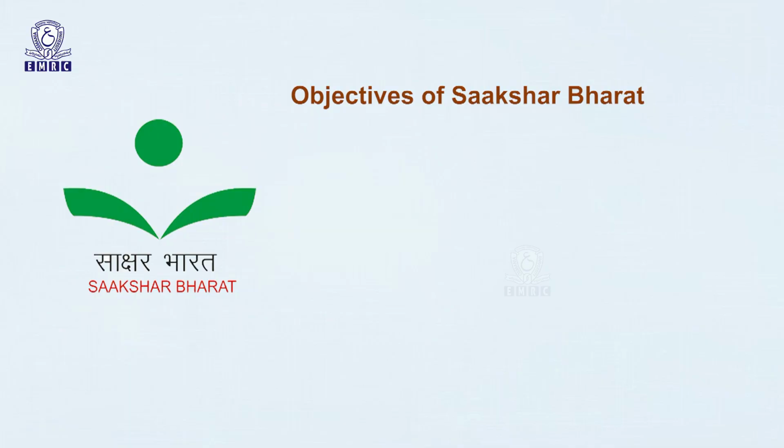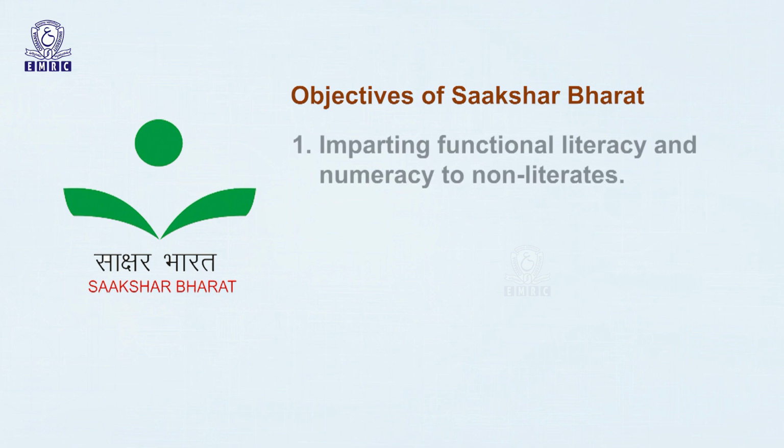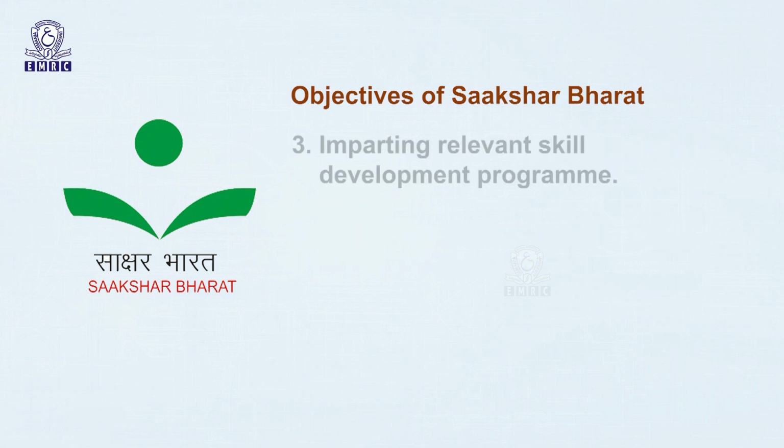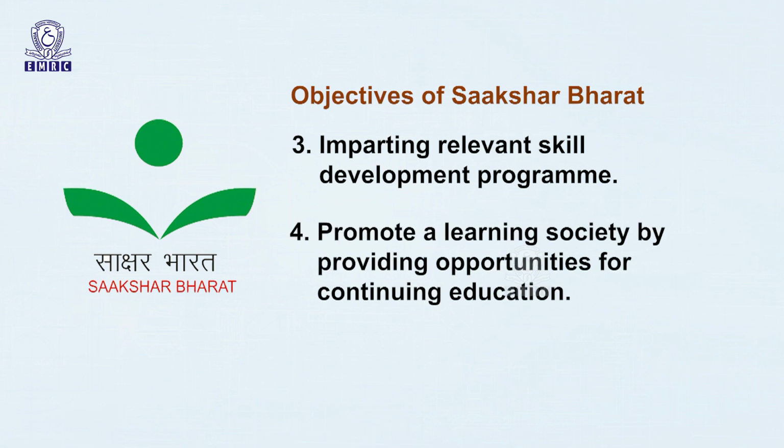It has 4 broader objectives, namely imparting functional literacy and numeracy to non-literates, acquiring equivalency to formal educational system, imparting relevant skill development program, and promote a learning society by providing opportunities for continuing education.